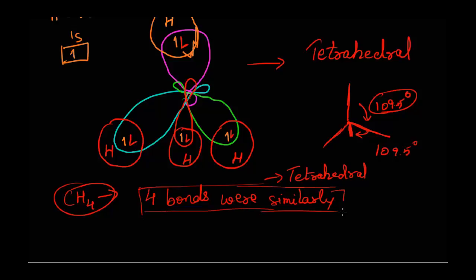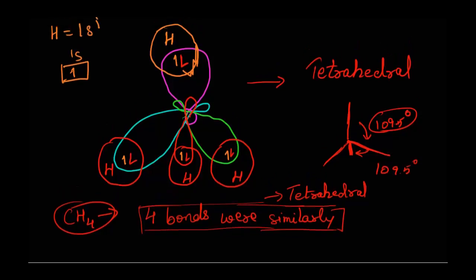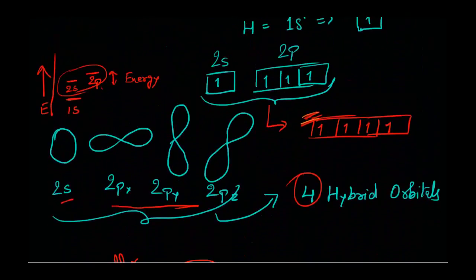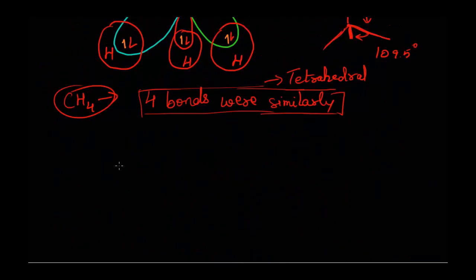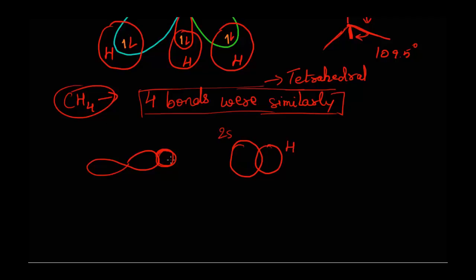That is not possible if we overlap the 1s orbital of hydrogen with 2s of carbon and the other 3 hydrogens with 2p. If carbon's 2p orbitals bond with 1s of hydrogen and 2s of carbon bonds with 1s of hydrogen, these bonds won't be equal.